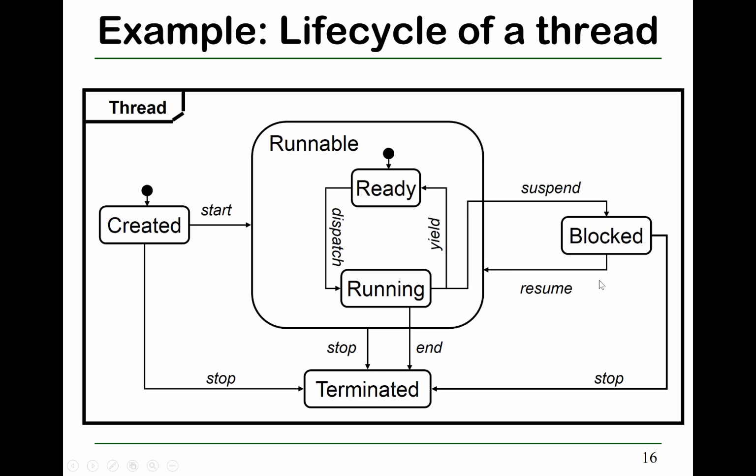For this resume, you first enter the ready initial state, which means this thread becomes ready. And this stop means that you can kill this thread from either ready or running. So this stop is leaving this super state, which means that you have a transition that leaves from each state in this super state.